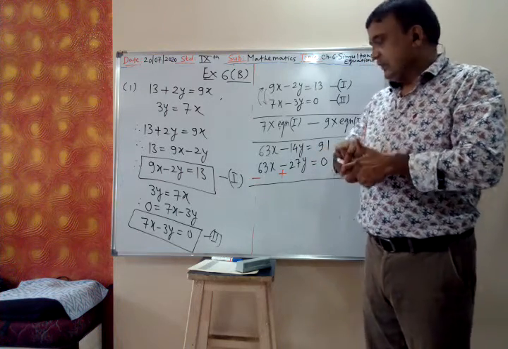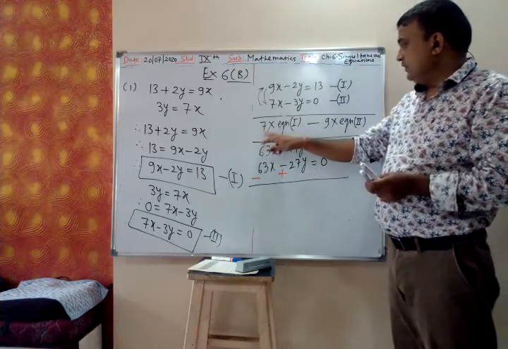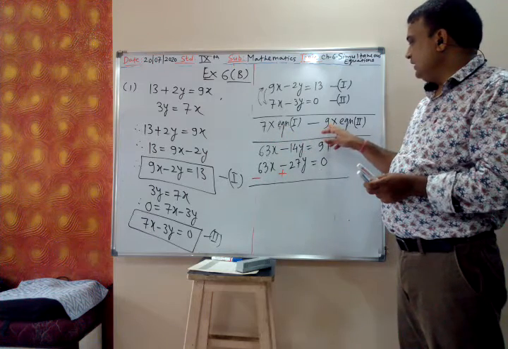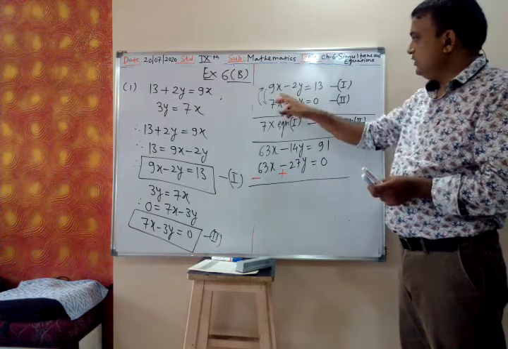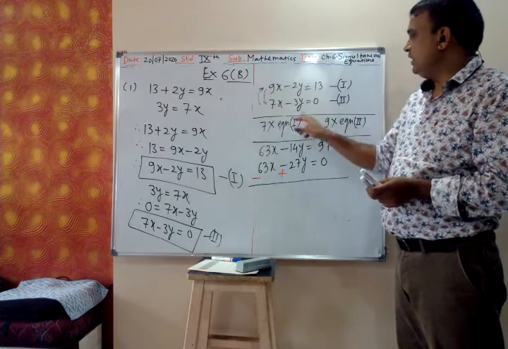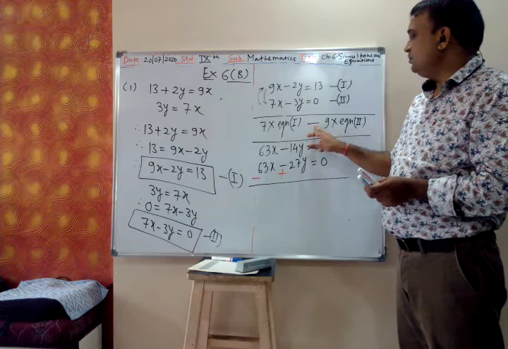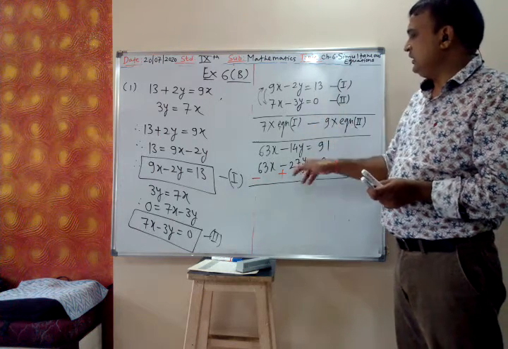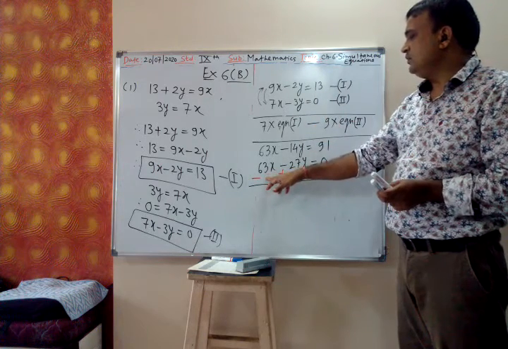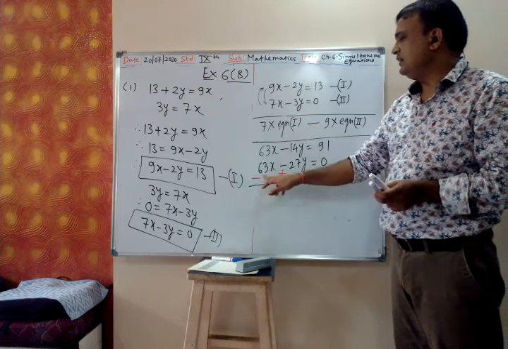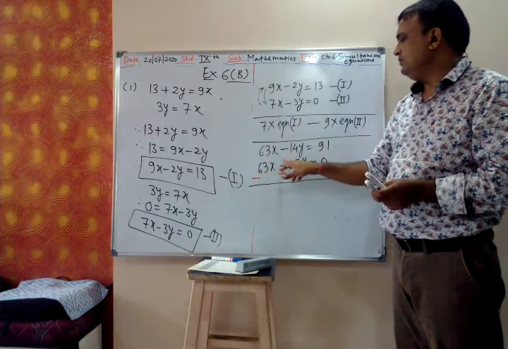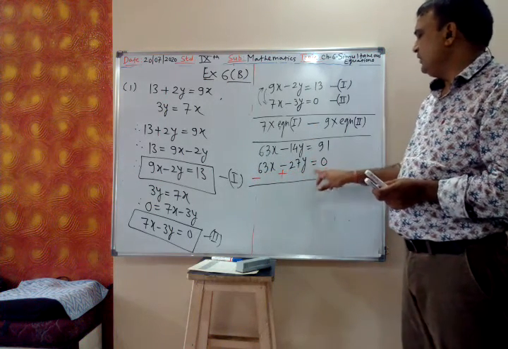I have written 7 into equation 1 minus 9 into equation 2 because 9 and 7 have the same sign. So I will write minus. Minus means you have to change the sign of the second. Plus becomes minus, minus becomes plus, and 0 has no sign.